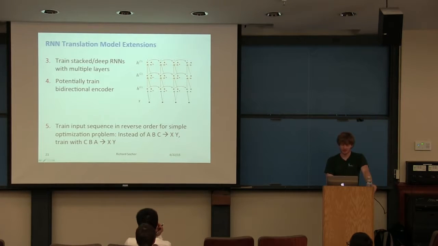Because X is more likely to be translated from words at the beginning of the sentence, we just reverse the order here. It's a clever hack, not more, not less. So just reversing the input sequence.